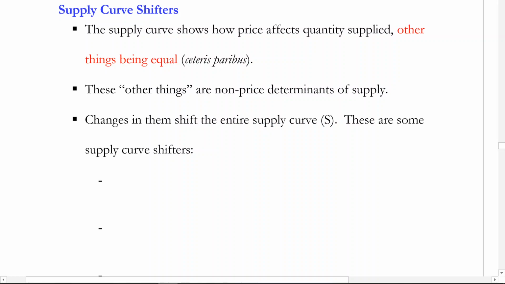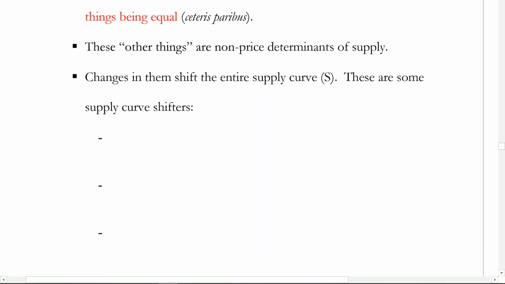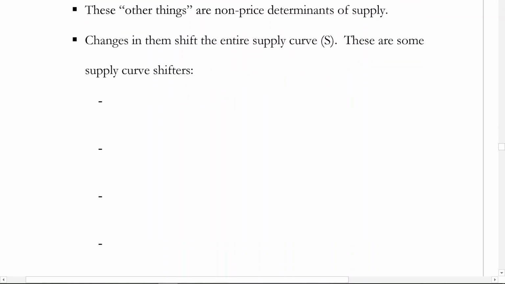Think about, if you're a seller or if you're thinking about sellers or the whole entire market supply, what might affect, other than the price of goods, the supply in the marketplace. So think about that for a second. Pause if you need to, and I'll briefly discuss those here. So the first one is going to be the input prices.